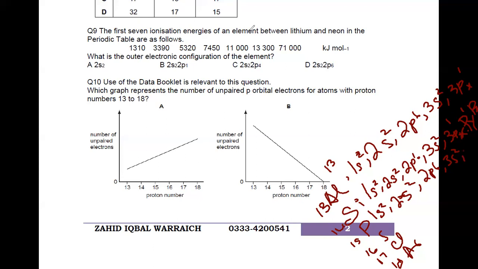Yes, correct. And then py1. Yes, and then pz1. Correct. Good job.